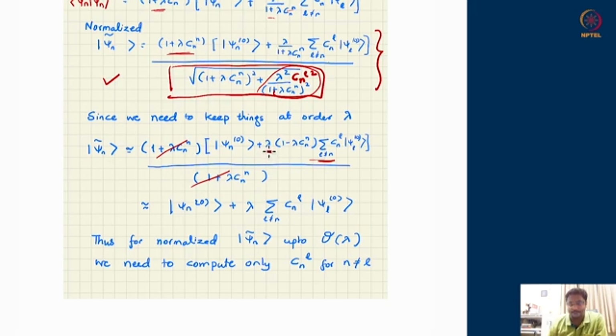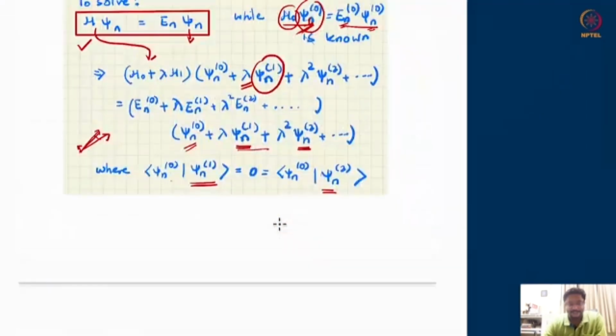Here is one more term, lambda times this lambda. That will also be thrown out. So I will just maintain the first term, psi n0, and lambda multiplying this series. So the normalized wave function at linear order is made up of psi n0 plus lambda times this series, where the series does not include the n term. So in the previous slide, that is what the statement was.